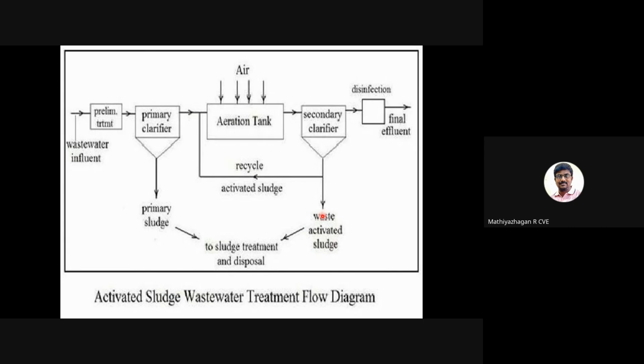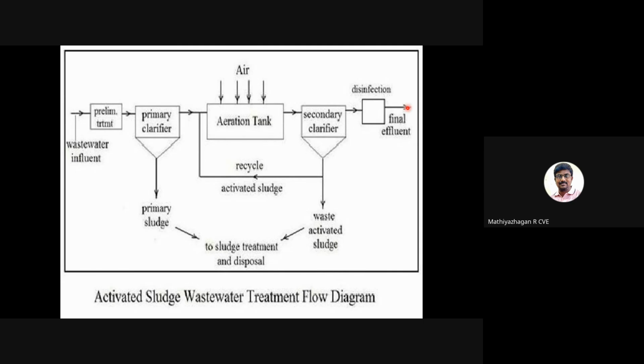Wasted means it moves to the sludge treatment. So sludge also we need to treat and safely dispose of. Sludge from the primary clarifier as well as the secondary clarifier, we need to treat and dispose of. Then after the secondary clarifier, the supernatant water is disinfected and we can dispose of it based on the disposal facility.